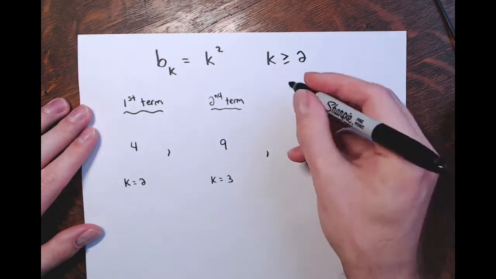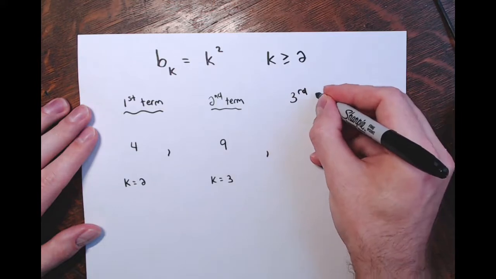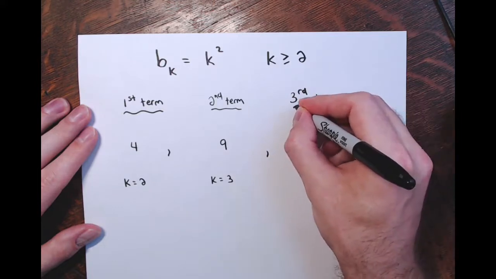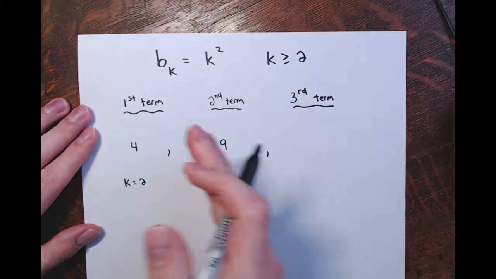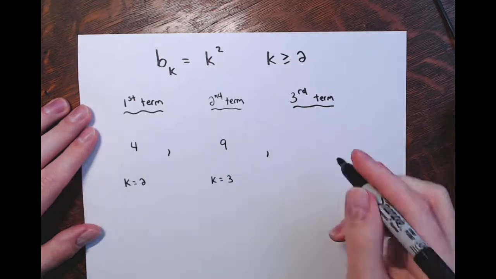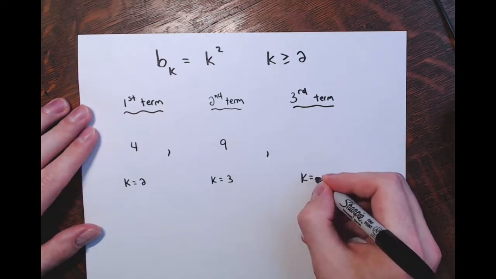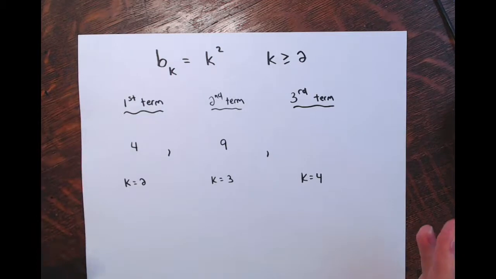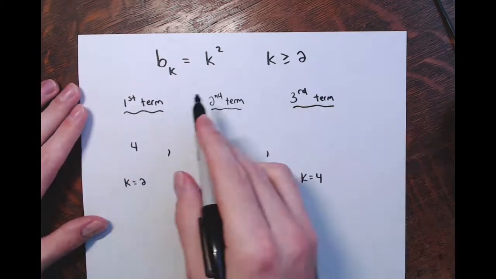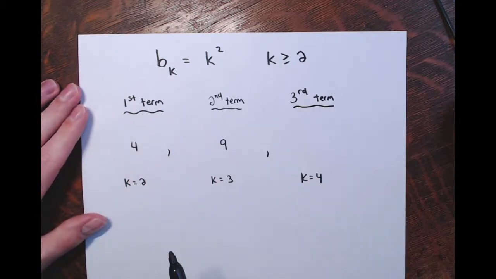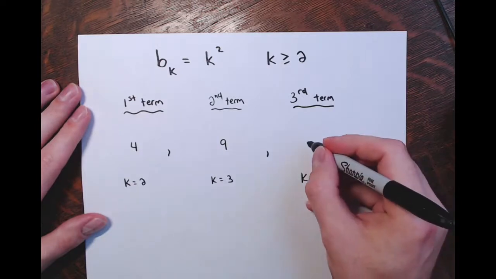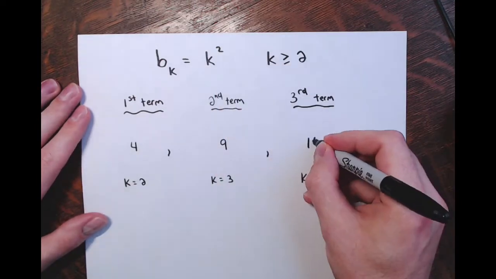And then the third term that they're asking for, the third output in the sequence, the third consecutive output, the third term in the sequence is when k equals 4, right? So not when k equals 3. Third term is the third output, the third term in the sequence when you write it out consecutively. And that would be k equals 4. 4 squared is 16.